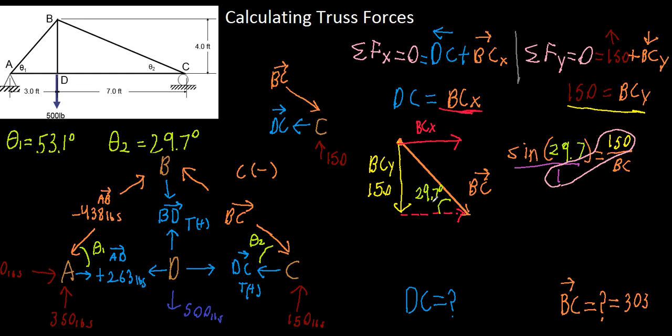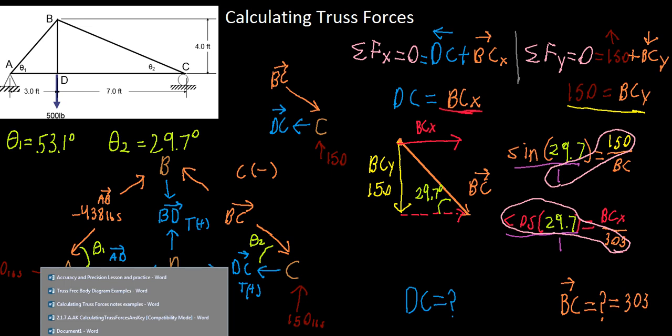And so let's go ahead and solve for BCX then. Well, BCX is adjacent. Now remember, we can use sine, cosine, tangent, or the Pythagorean theorem, a squared plus b squared equals c squared. But I'm going to use cosine because I've just found the hypotenuse and I'm looking for the adjacent. So the cosine of our angle, 29.7, is equal to adjacent over hypotenuse. Well, adjacent is BC in the x direction, our x component of BC, and our hypotenuse we just solved for, it's 303. So I'll put this over 1, and I'm just going to cross multiply and divide. 303 is going to multiply by the cosine of 29.7, and I'm going to divide by 1, which won't change anything.